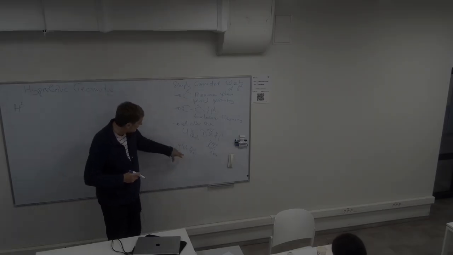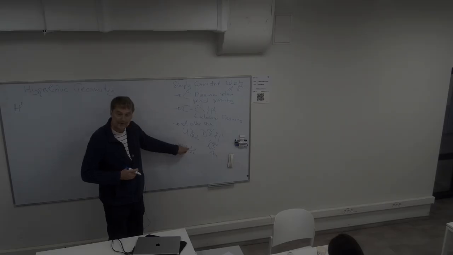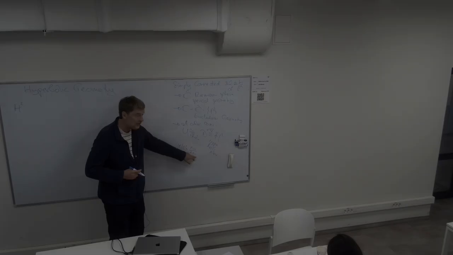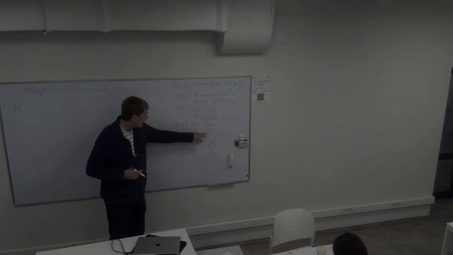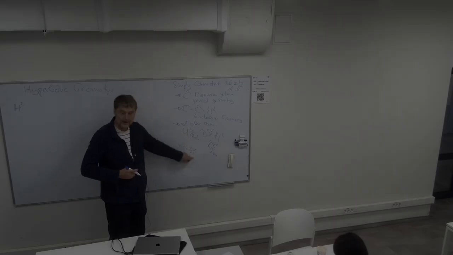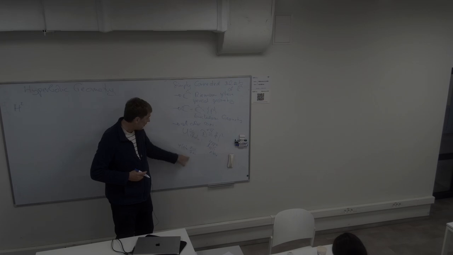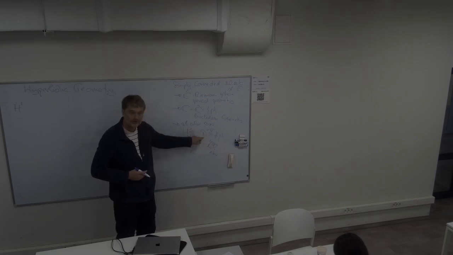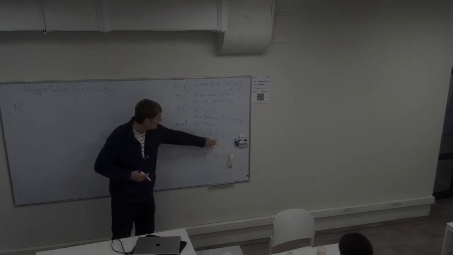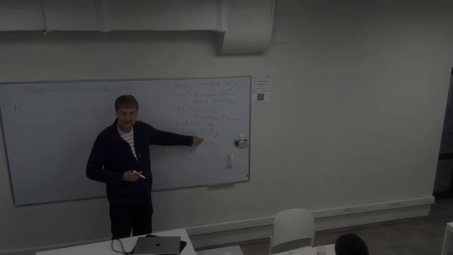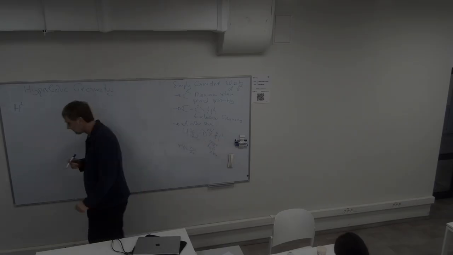If z is in the upper half plane, then z is closer to i than to minus i, so the distance to i is less than the distance to minus i. So this is less than 1 in absolute value, and you go to the disk. And if you're in the lower half plane, it's outside of the disk. So this is a map that sends the upper half plane to the disk, or it's one of the maps.